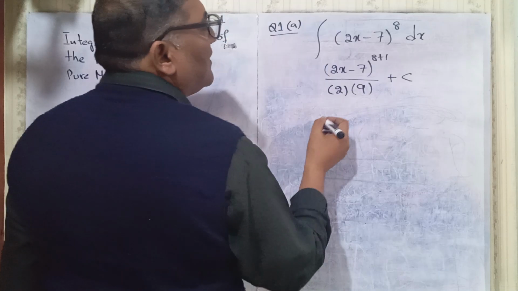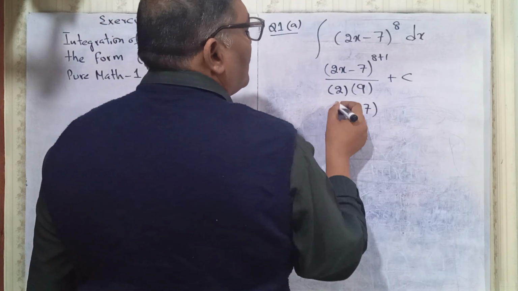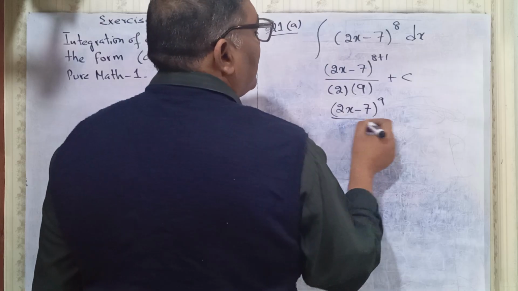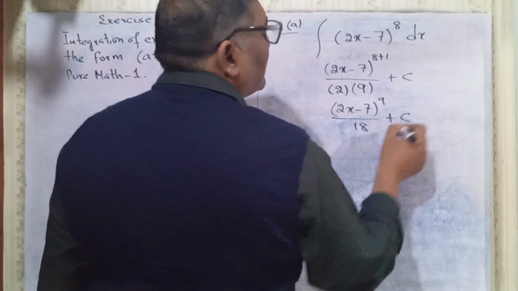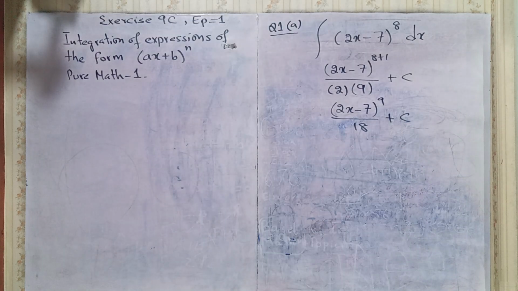Plus c. So you will have 2x minus 7 raised to power 9 divided by 18 plus c. So this is how you will do question number 1, part a.